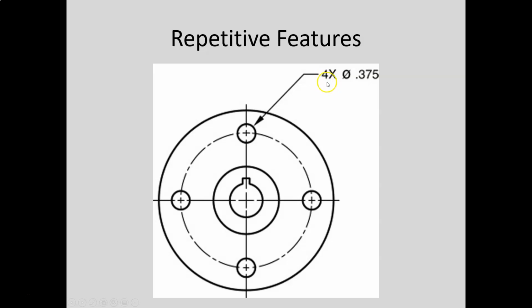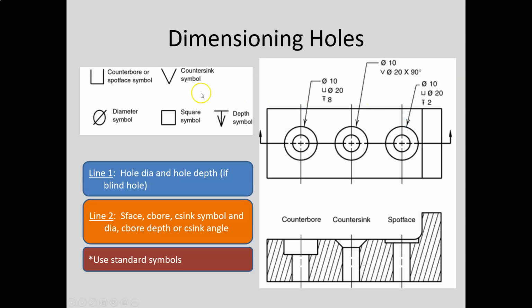Dimension repetitive features using the multiplier. So when we have 4 holes, we want to say 4x space diameter 0.375. We also want to dimension holes using the correct symbols. So counterbore, countersink, spot face.